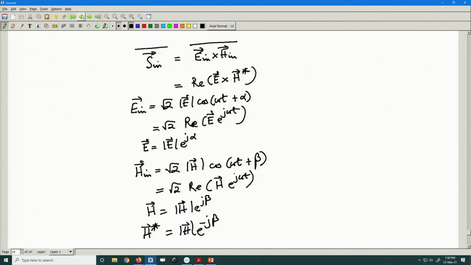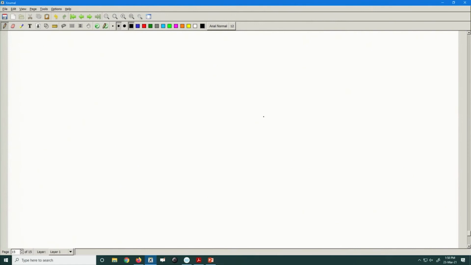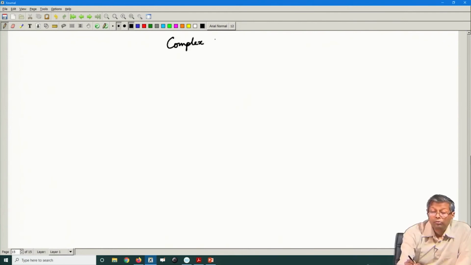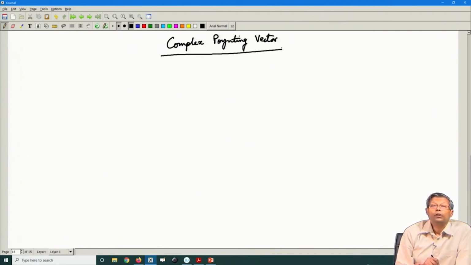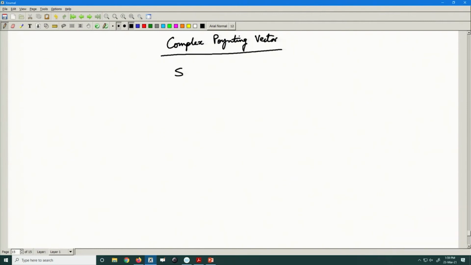So, in view of this, we can define a complex Poynting vector S as E cross H star, whose real part is the time average of the instantaneous Poynting vector.